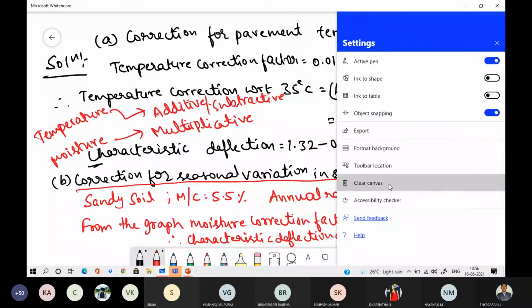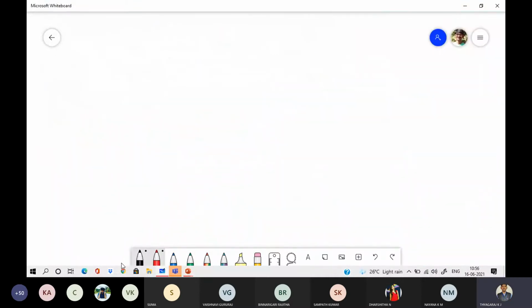Okay, clear this one. So now tell me what are all the data they have given. What is the characteristic deflection they have given? 1.44 mm. Then what is the temperature? I will write T, 42.